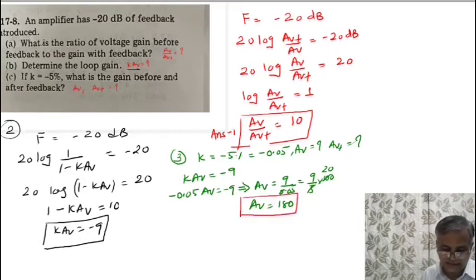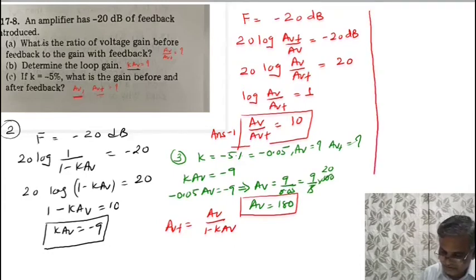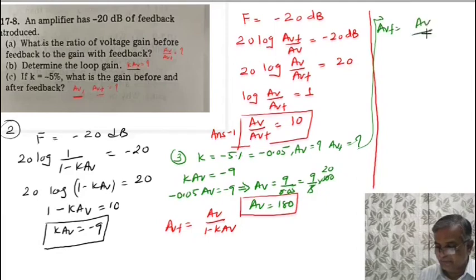In the first part they are asking what is AV, so I have written AV here. Second, what is AVF? The AVF formula we already know: AV upon 1 minus KV. I can do the calculation here also. AVF is equal to AV upon 1 minus KV. This is 180 upon 1 minus 0.05 multiplied by 180.